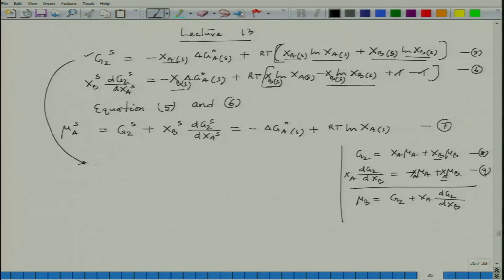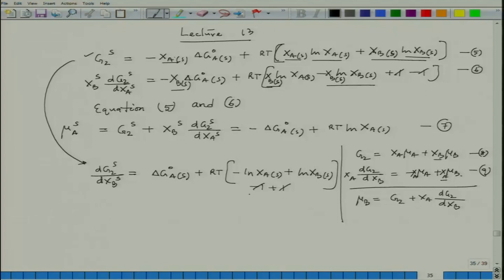So, then dG2S by dXB S equal to delta G0 AS plus RT minus ln XA S plus ln XB S. This would be minus 1 and here it would be plus 1.